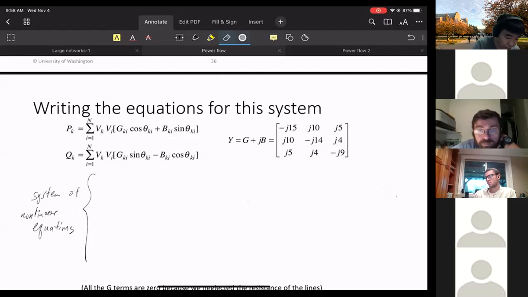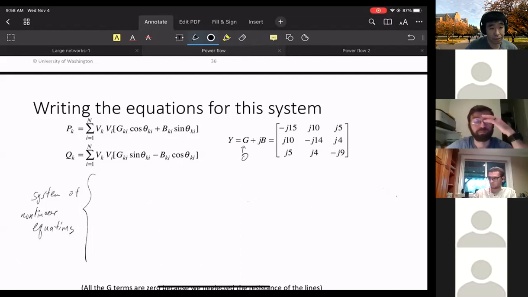So first recognize that there's no G. For this system, G is all 0, so I don't need to worry about any terms with a G. So let's look at P1. I'm summing, with i going from 1 to n, so here I'm summing 1, 2, 3.